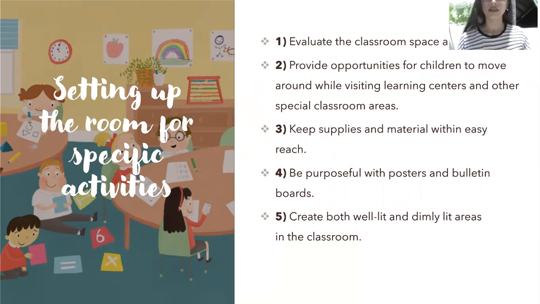So here it is very important that the teacher knows how to organize the students at the moment to do the activities. For that reason, it's very important that the teacher evaluates the classroom space and the style of the children.